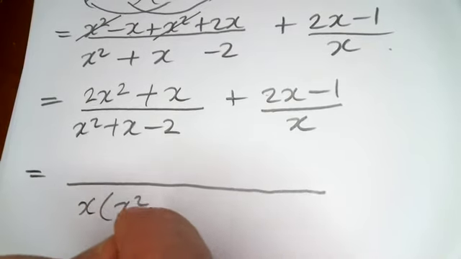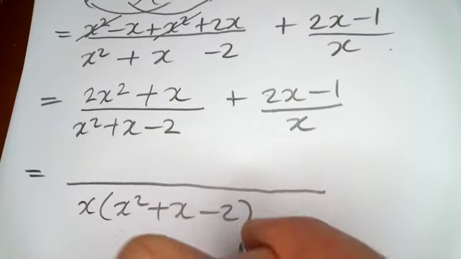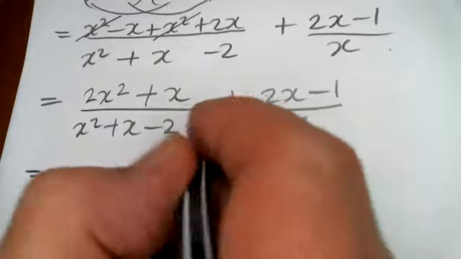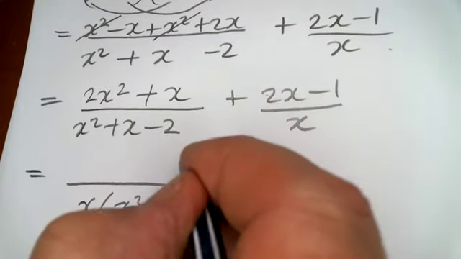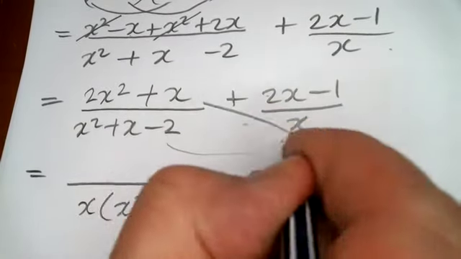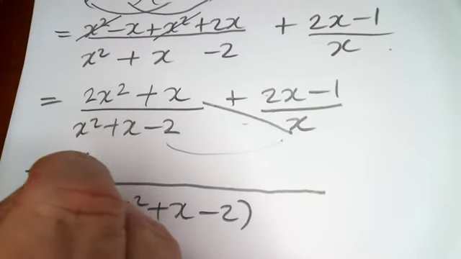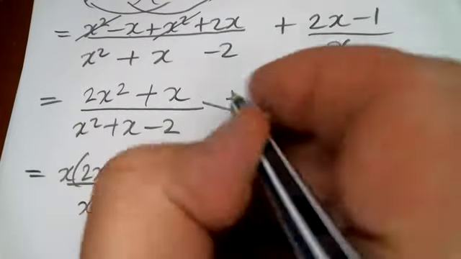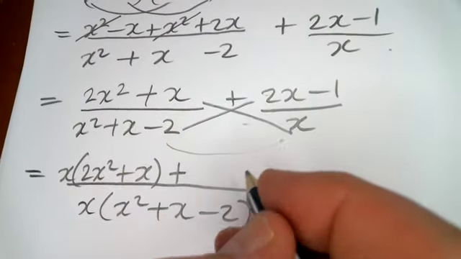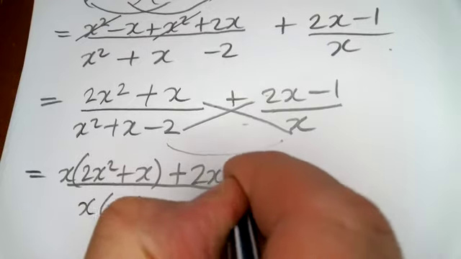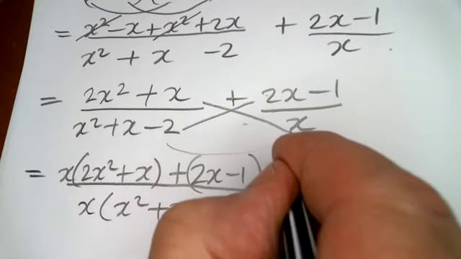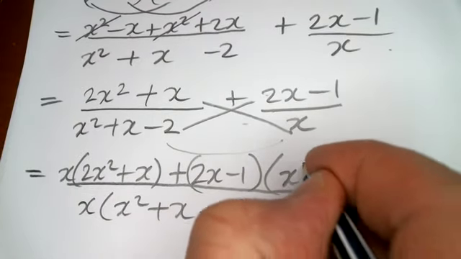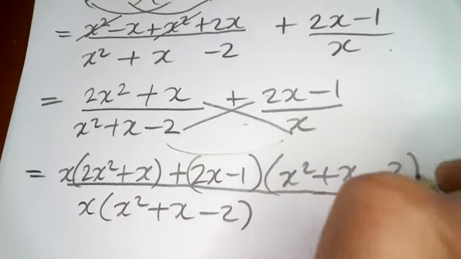X times x squared plus x minus 2, and on the top we've got x times 2x squared plus x, plus 2x minus 1 times all of this, x squared plus x minus 2.